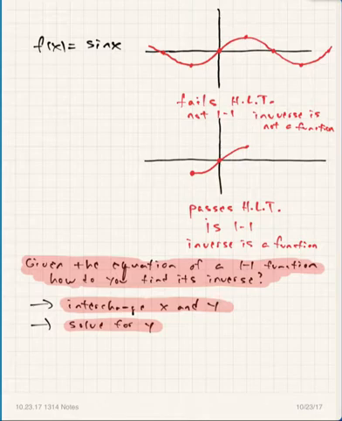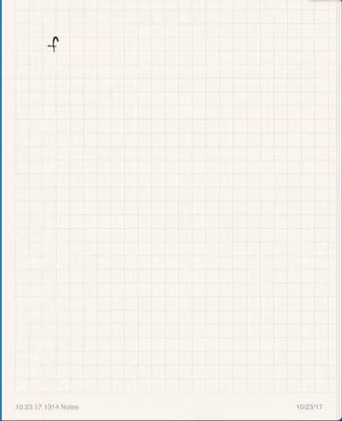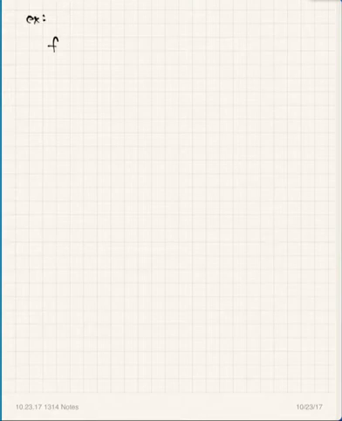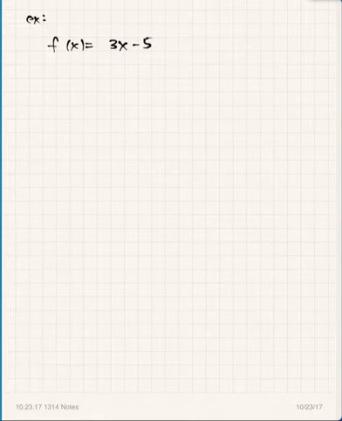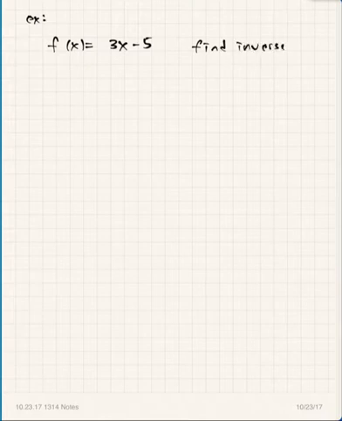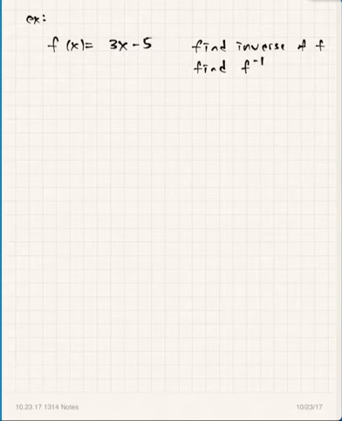All right, so let's look at some examples of that. So f of x is equal to 3x minus 5. That's our function. And what I want to do is find the inverse of f. So in symbols, this is the way it would be written. Find f inverse, where you have f with what looks like a -1 as an exponent. This is not an exponent.